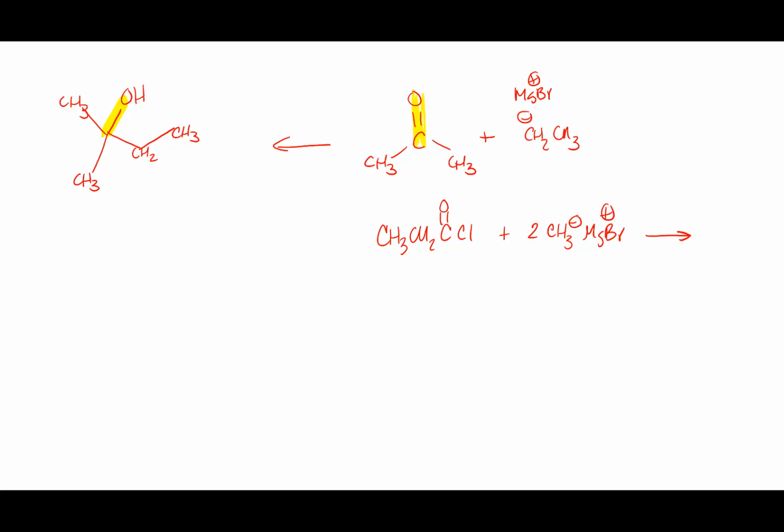And what would the third one be? Because it's just all about combinations. So what would the third method that I would use to make this be? How about same thing? Let's start with the carbonyl.